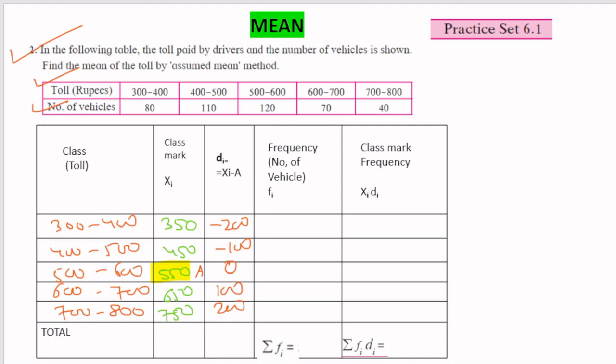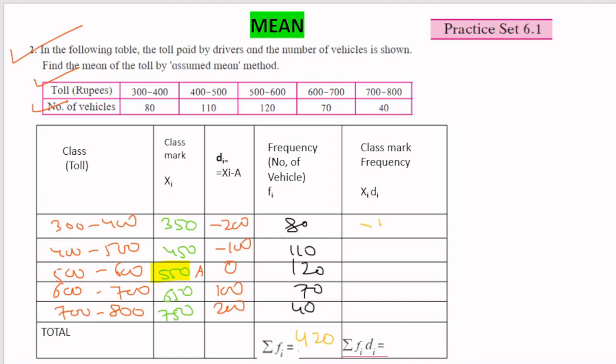Remaining as it is what you have done in the direct method, write the frequency. So that is 80, 80, 110, 120, 70, and the sum of all is 420. Now see the difference. Instead of multiplying 80 with 350, now you need to multiply 80 with 200. Now it's become a little easier compared to earlier.